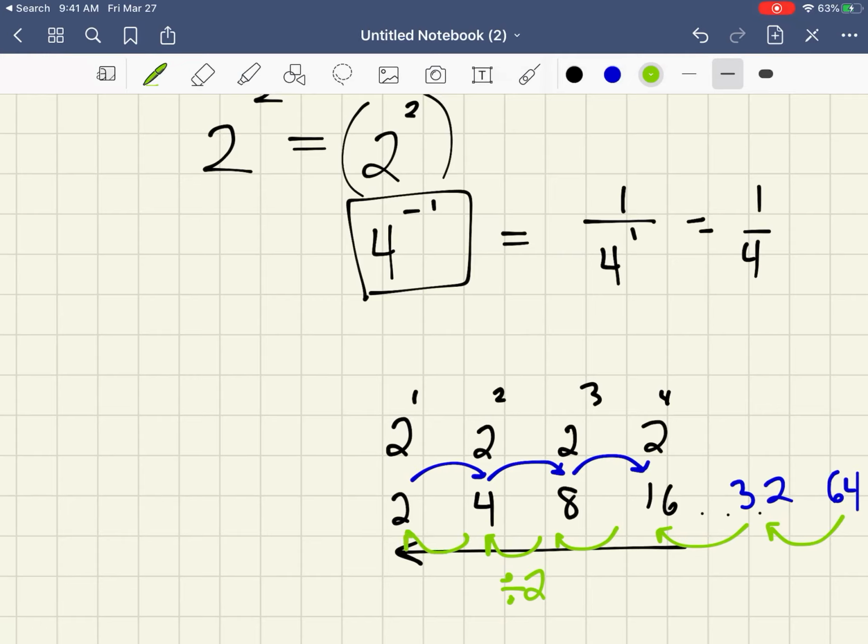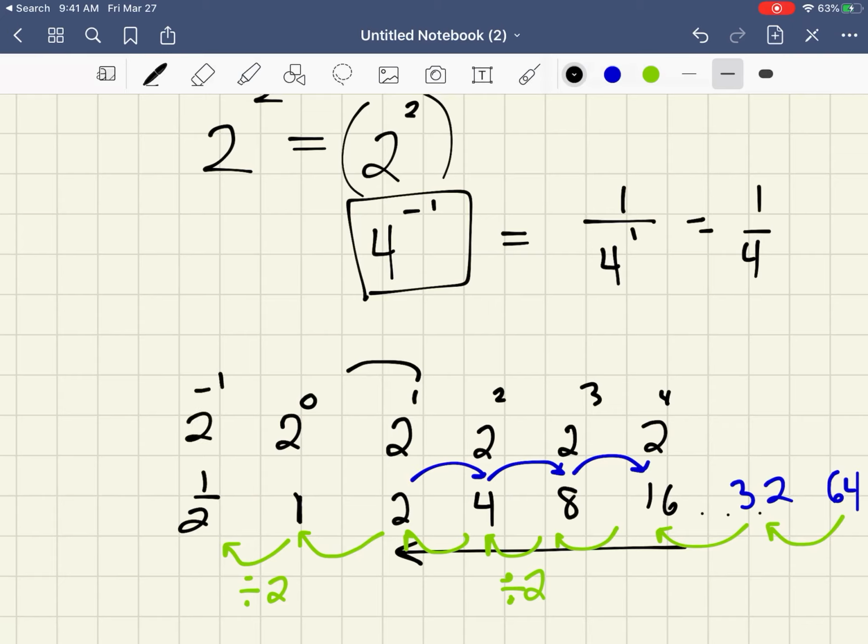So if I divide by 2, 4 divided by 2 is 2. I divide by 2 again. What's 2 divided by 2? It is 1. If I continue this pattern, this would be 2 to the 0. More evidence that 2 to the 0 is 1, or anything to the 0 is 1. And if I divide by 2, 1 divided by 2 is equal to 1/2.